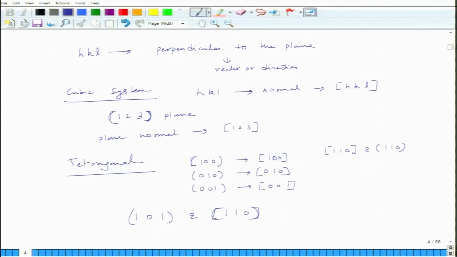So, 1, 0, 1 and they are not. When you mix H and L, K and L, when you mix H, K with L, then this normality condition does not hold true, which means the plane normal does not have the same Miller indices as the plane.